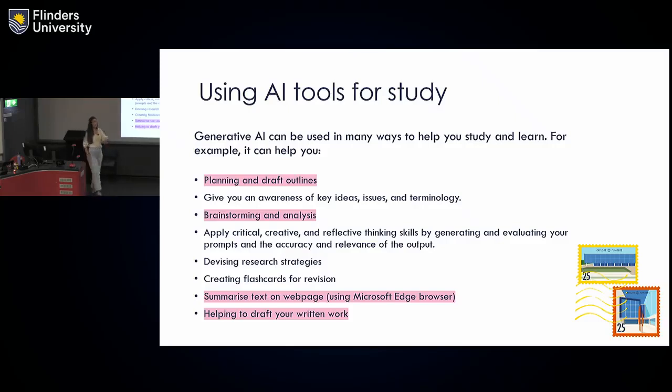Same thing. That's a really good starting point. It doesn't necessarily mean that it is the type of information that would end up in your assignment. So using it to help you understand things, and as a creative, reflective and critical thinking tool.